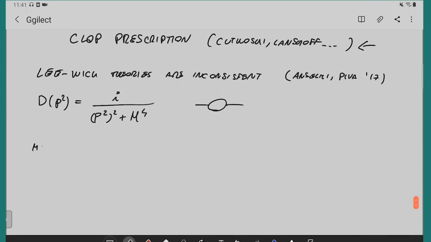So in the Minkowski case, what you have is an integral over k, which is the loop momentum. Then it's just the product of two propagators.